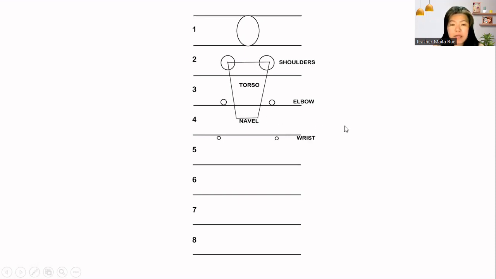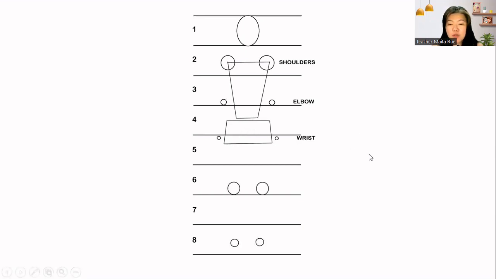Right below that would be the hips. So your hips is another trapezoid, but it's going to be a lot wider. See, we're drawing a girl's proportion, and girls have big hips. So here you go. That's the hips.